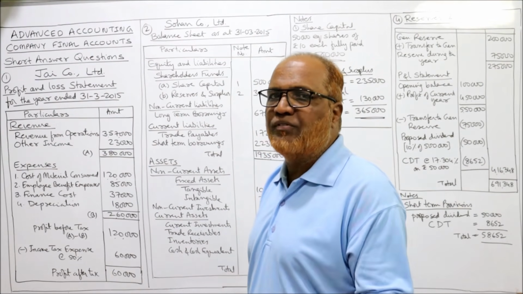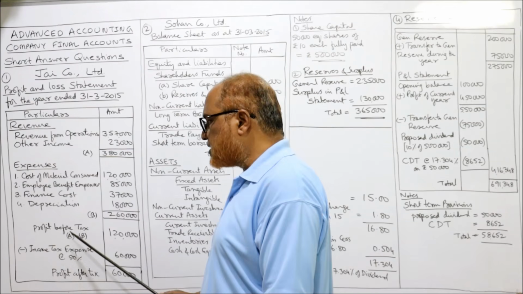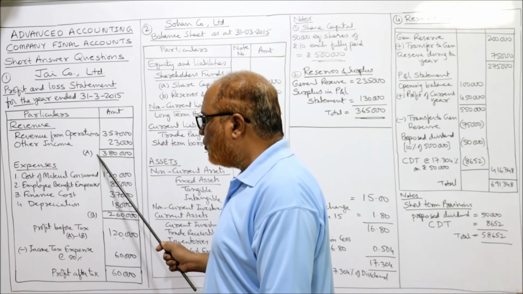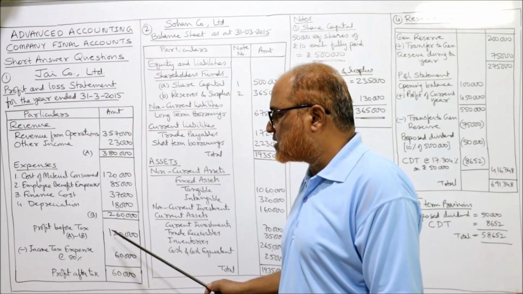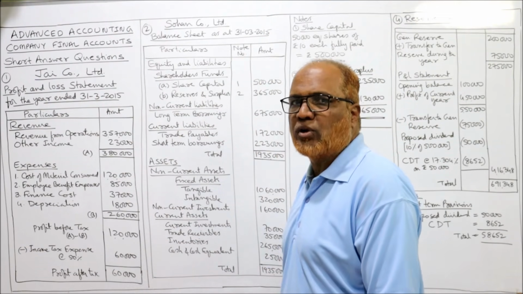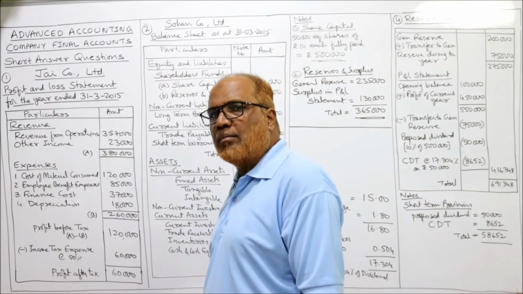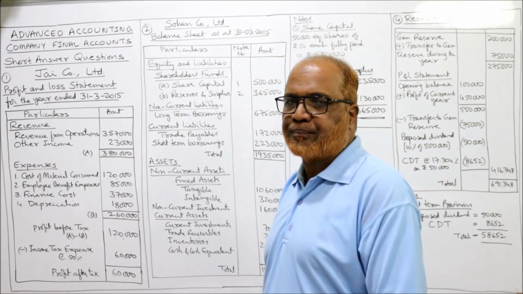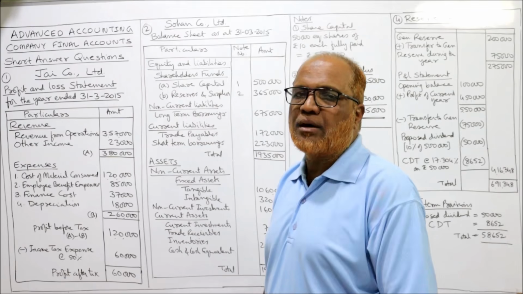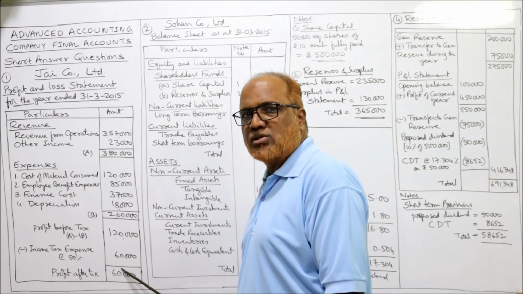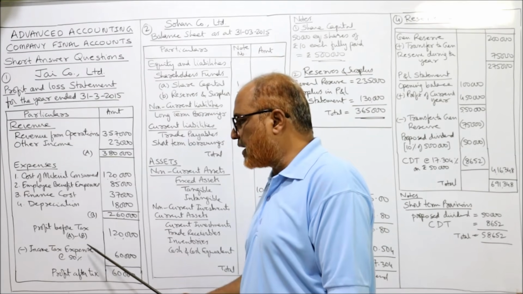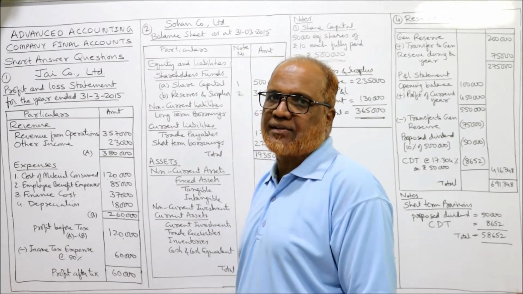Now we get profit before tax, A minus B, revenue minus expenses. So 3,80,000 minus 2,60,000, 1,20,000 is profit before tax. From this we subtract income tax expense of the current year. It is given in the problem that the income tax rate is 50%. So 50% of 1,20,000 is 60,000. Subtract income tax and we get the profit after tax.